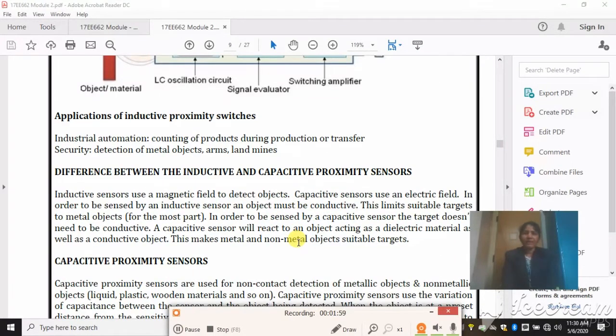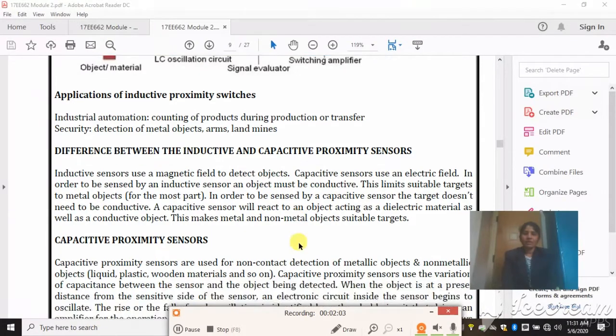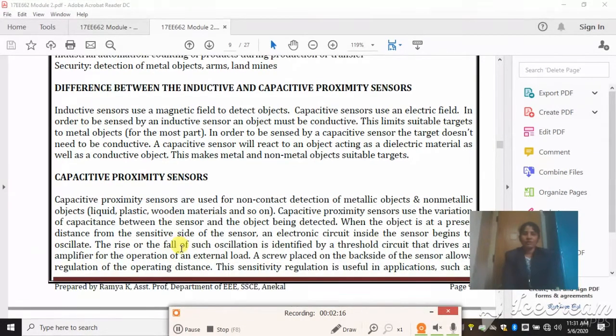Next we have the capacitive proximity sensor. The inductive proximity sensor uses a magnetic field to detect the object, whereas the capacitive proximity sensor uses an electric field. Now we will see one type of capacitive proximity sensor.